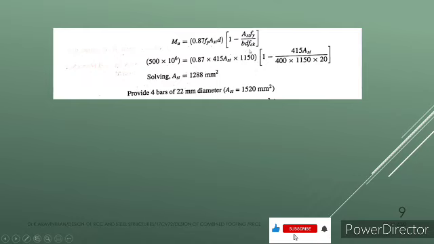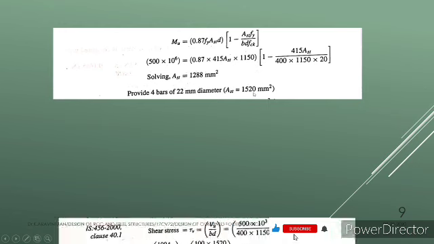After solving this, you will be getting AST as 1288 mm square. For this AST, we shall provide 4 bars of 22 mm diameter. If we provide that, we will be getting an AST of 1520 mm square. So the value which we got is higher than required, hence it is okay.